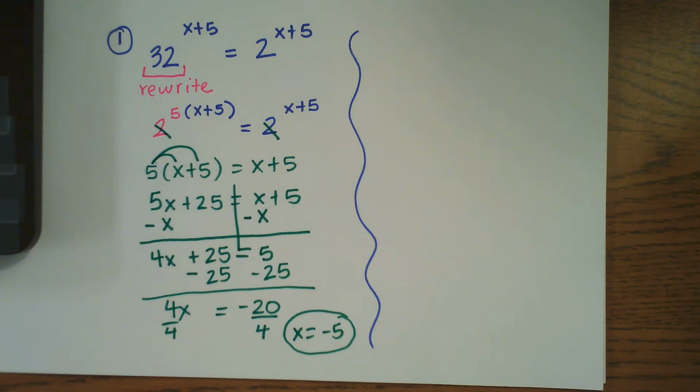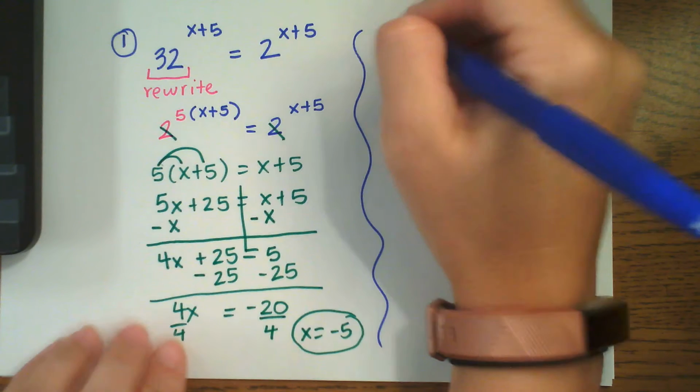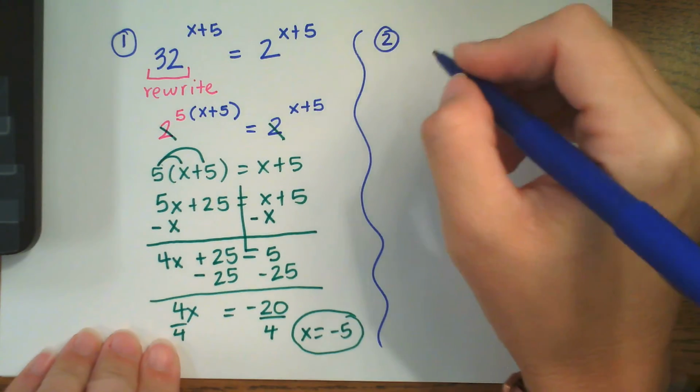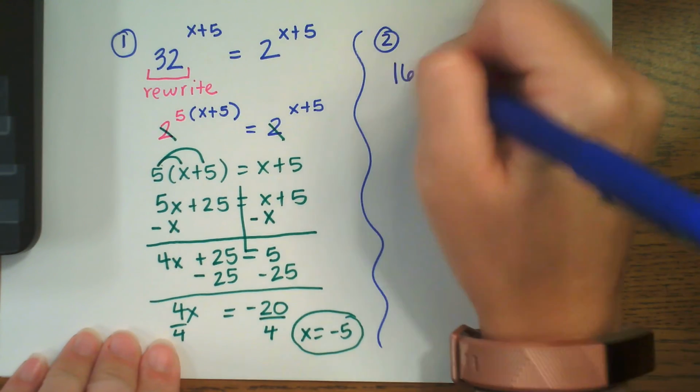All right, so we're going to do that again. I'm going to show you another one. And on this next one, we're going to have to change both of the bases.